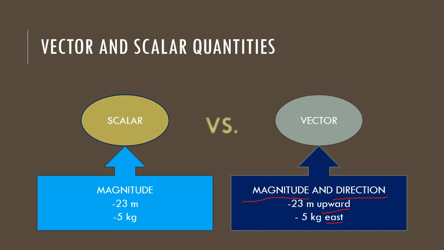So, ang pinagkaiba ng scalar at ng vector ay ang scalar may magnitude lang at ang vector may magnitude at direction.